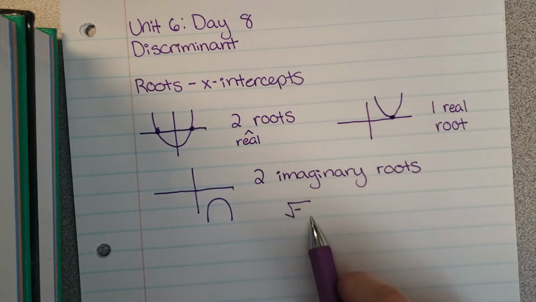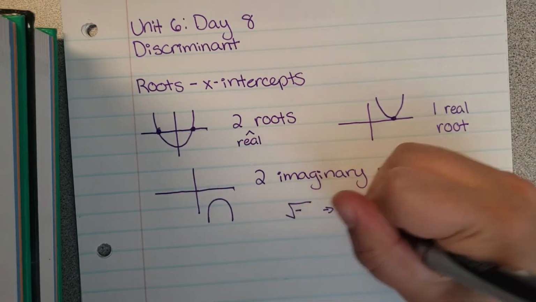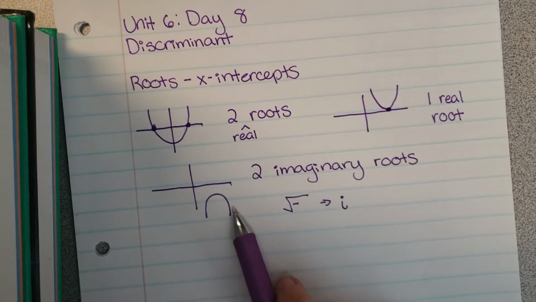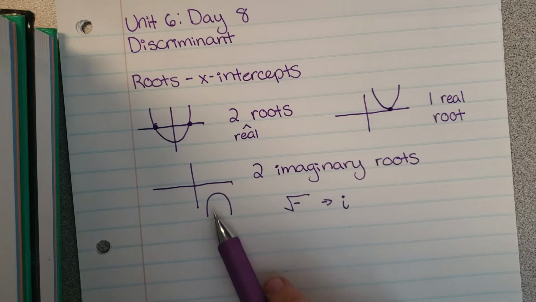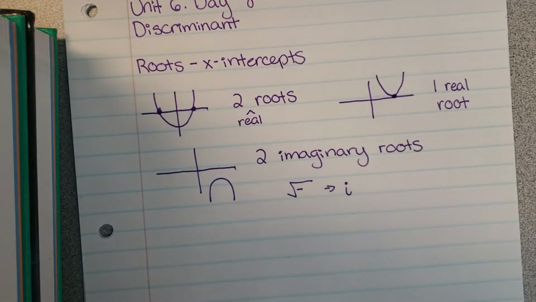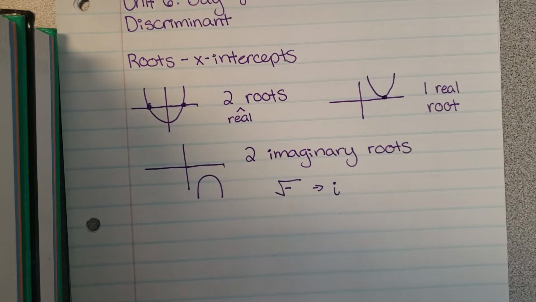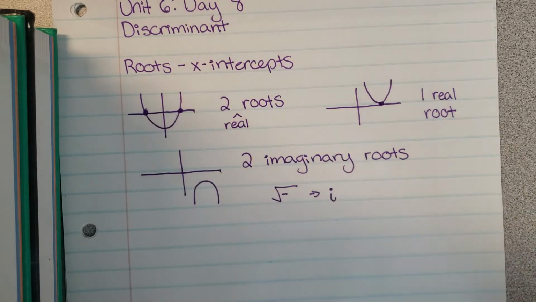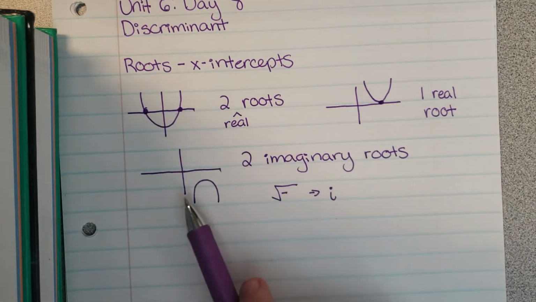And what happens when you have a negative under the radical? You end up with an i, which stands for imaginary. So when you have a quadratic like this, even though there's no roots that you can see, there's 2 imaginary roots. So what we're going to do is figure out what the discriminant is, and then use it to help us figure out what kind of roots we're looking at.